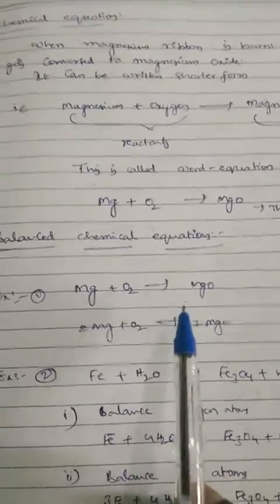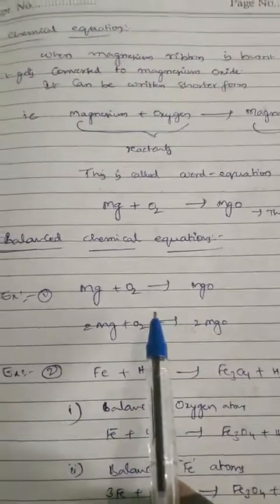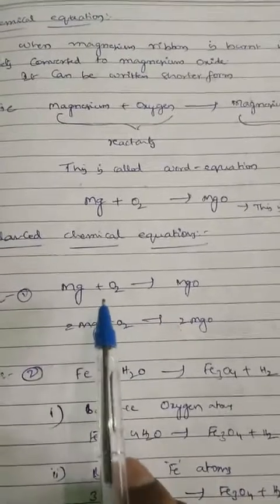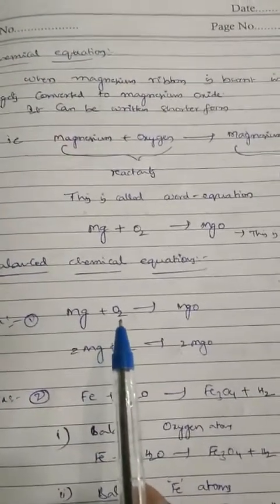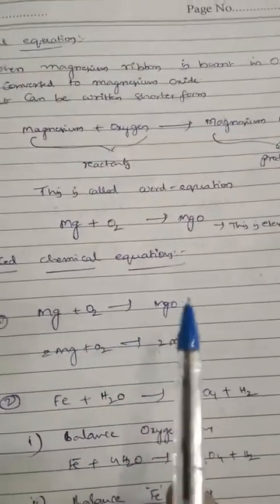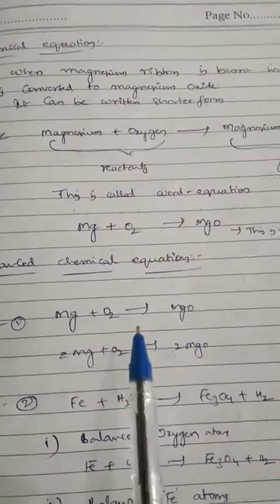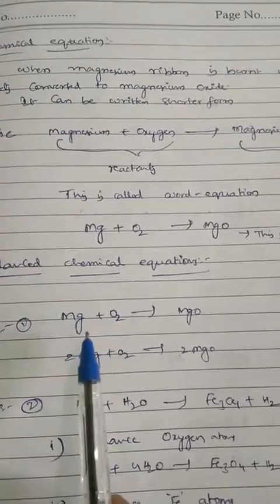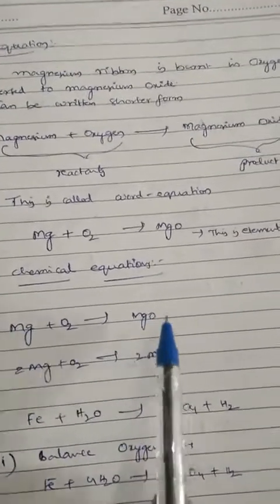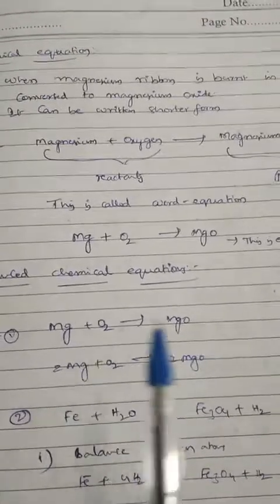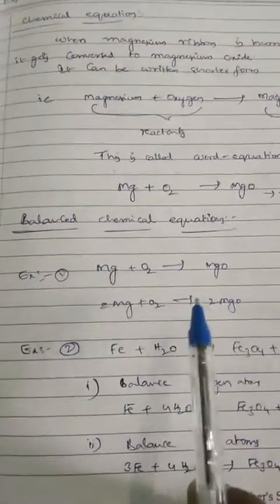One more statement is that the number of atoms of each element in a reaction must be the same. That is, the number of atoms on the left side of the equation is equal to the number of atoms on the right side of the equation. So both should be equal. That is called the law of mass action.